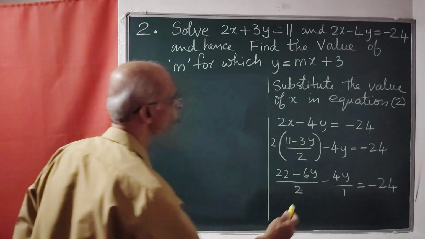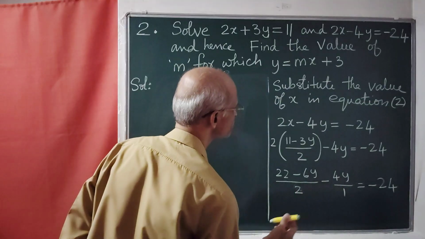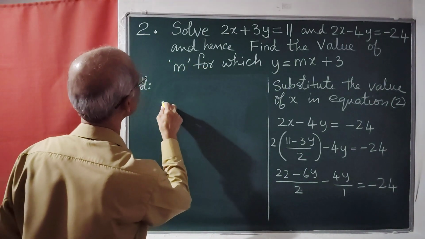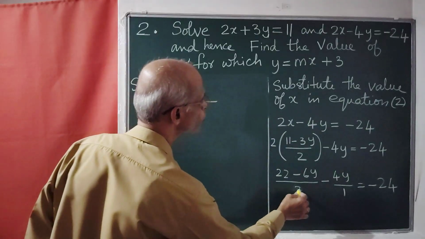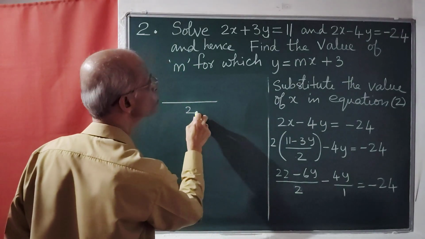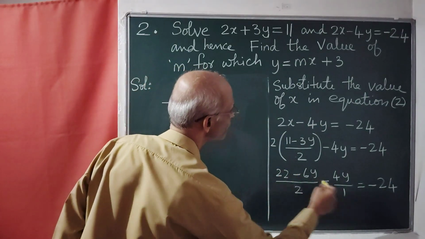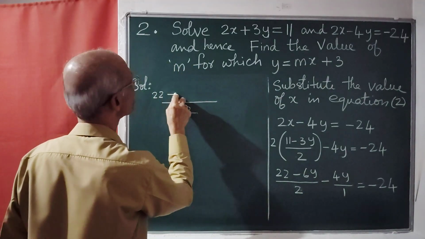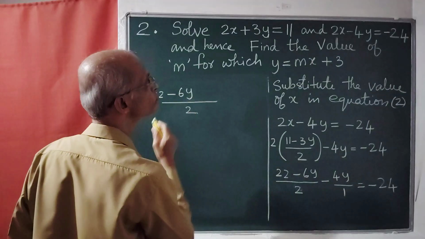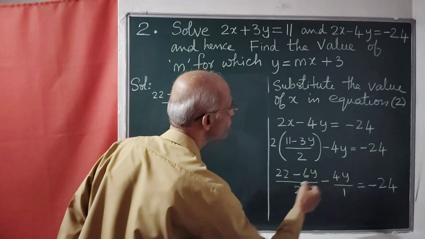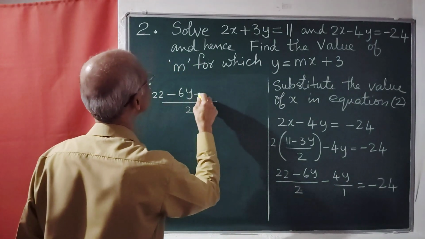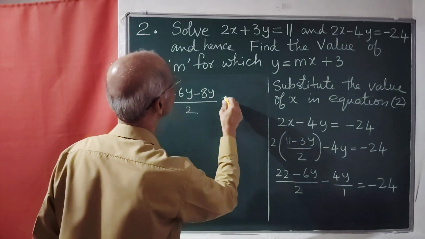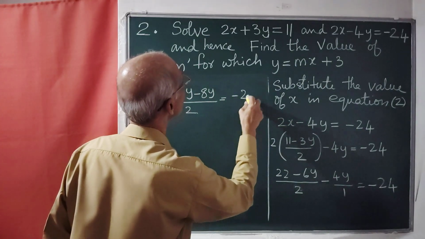Now we will solve these two fractions by cross multiplication. 2 ones are 2. Like this, if you multiply, 22 minus 6y minus 8y is equal to minus 24.